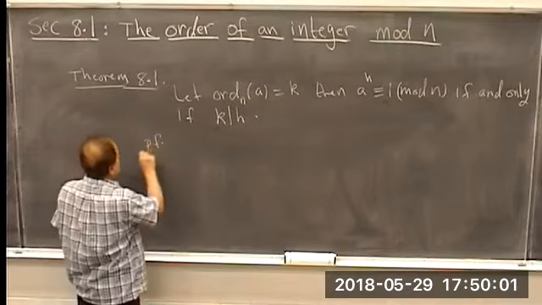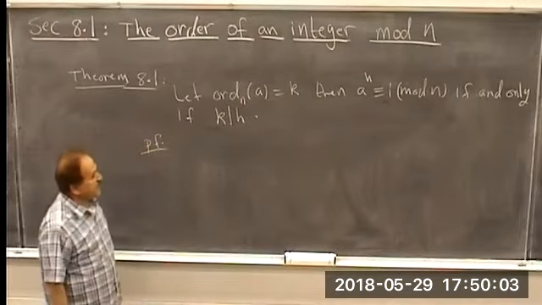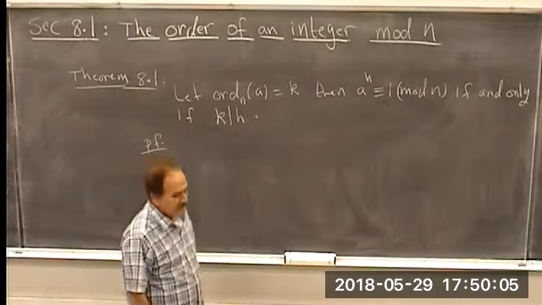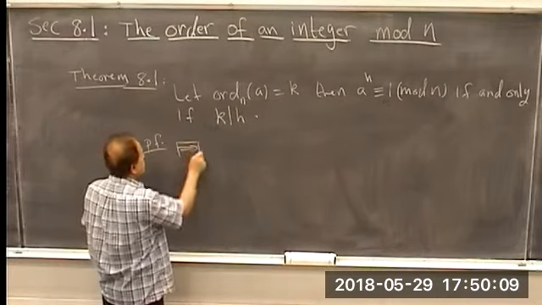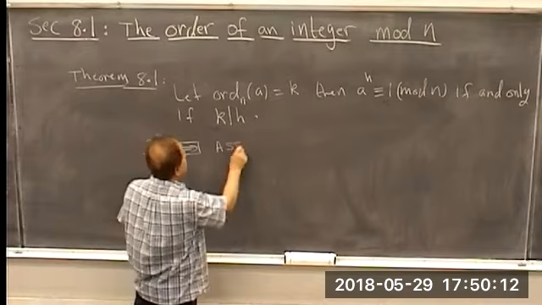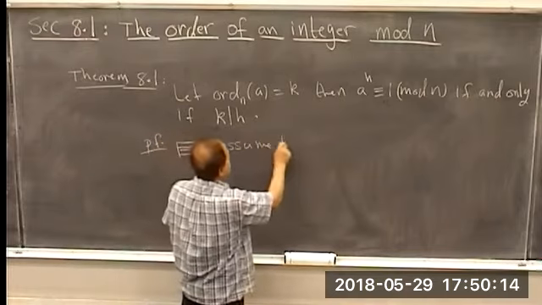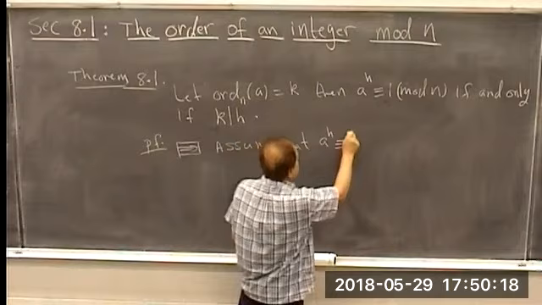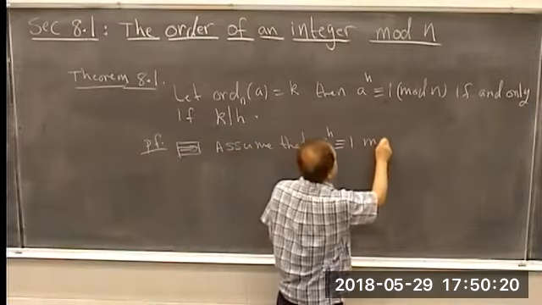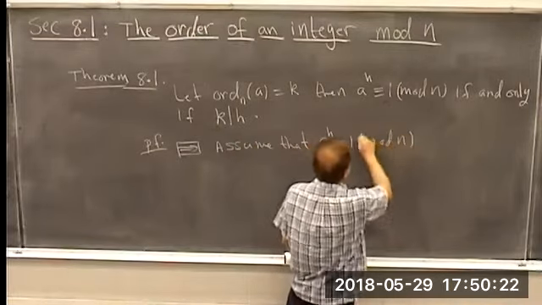And this is an if and only if, all right? So let's just start with assuming A to the h is congruent to 1 mod n.